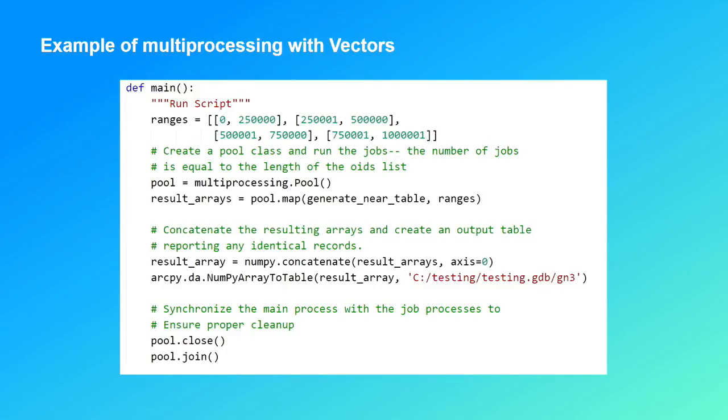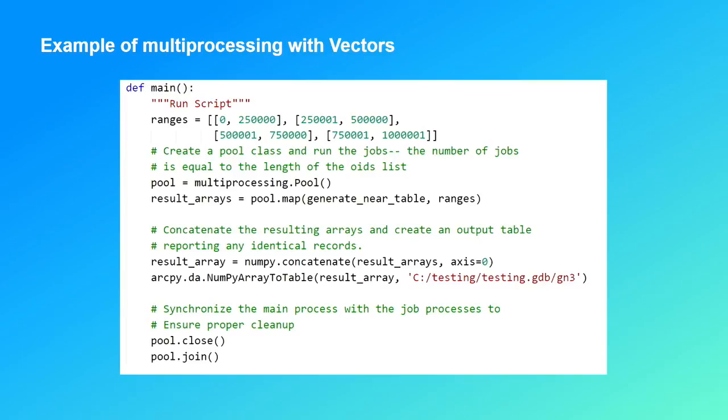Another interesting thing to note is that NumPy arrays are natively created to work with this type of data. So if you are looking to have a very performant approach to multiprocessing, you may want to get familiar with the NumPy package. We do have several functions included with ArcPy that natively transfer either rasters or vectors into NumPy arrays, and those are in the DA or data access module that comes with ArcPy.